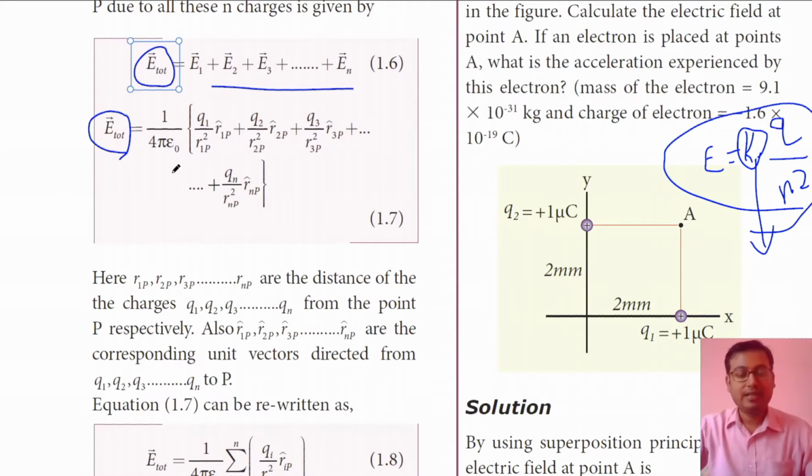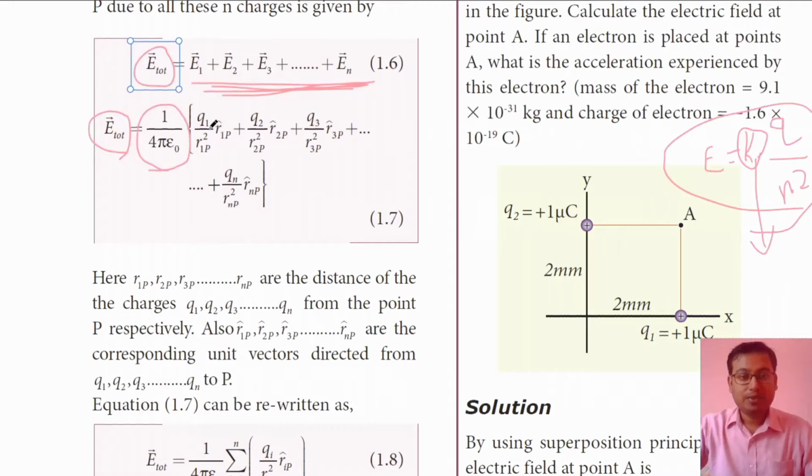Taking it outside, we will have E total is equal to 1 by 4 pi epsilon naught into Q1 by R square 1p into R cap 1p. This R cap 1p means a vector starting from particle 1 to point P.